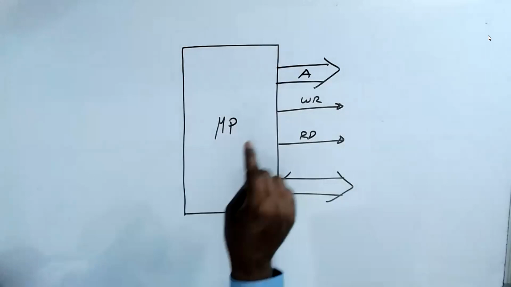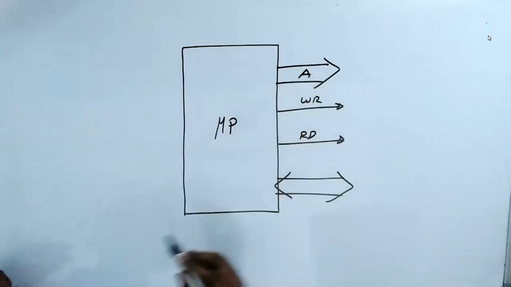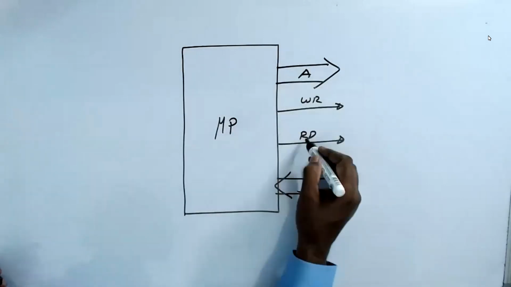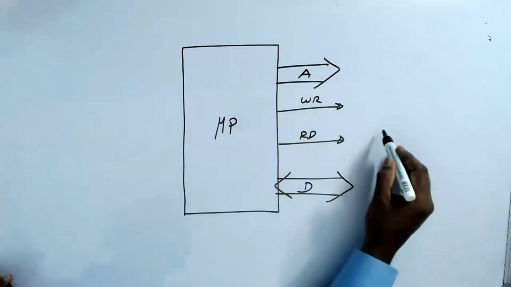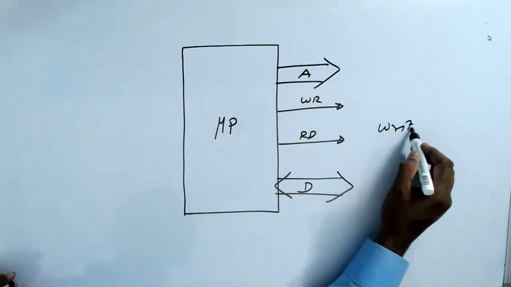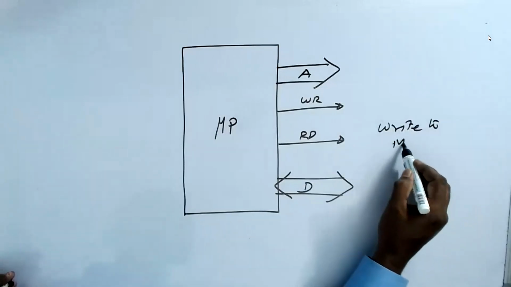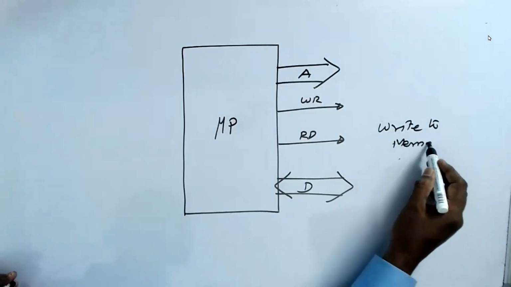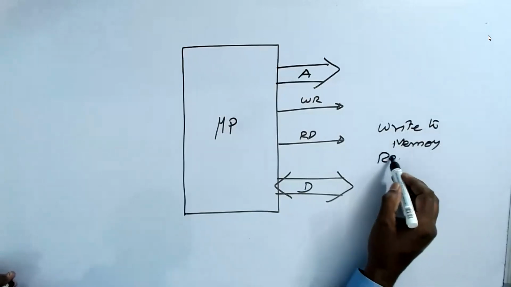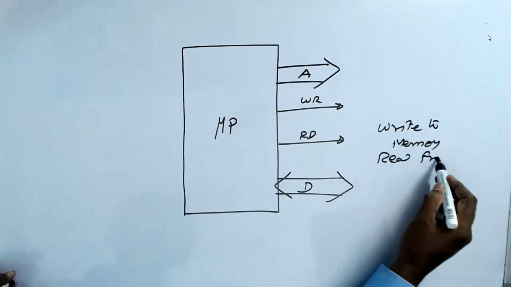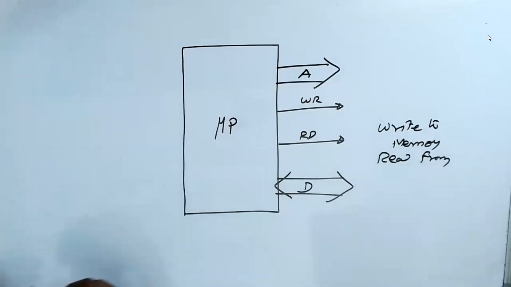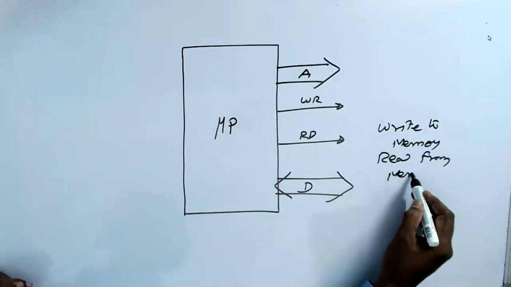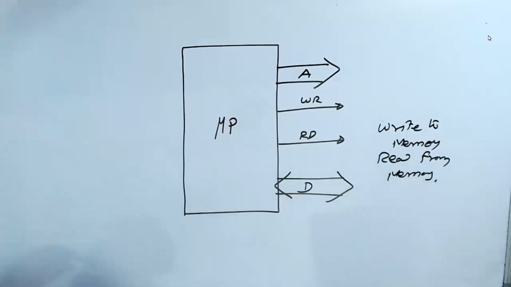So with the help of address and data lines and the control lines, the microprocessor could do two operations: write to memory and read from memory. The microprocessor does two operations.